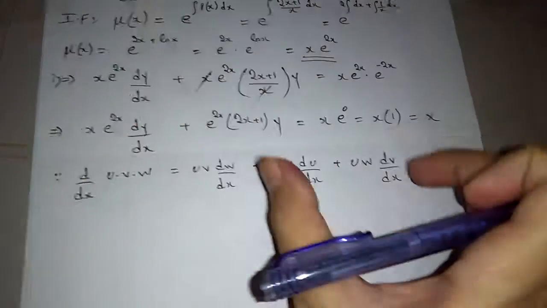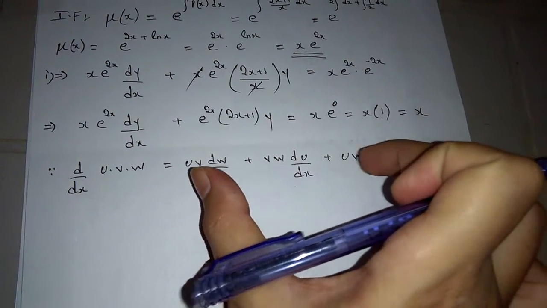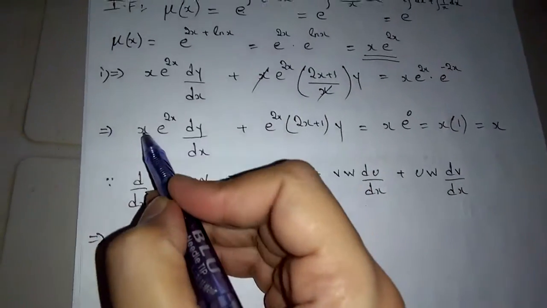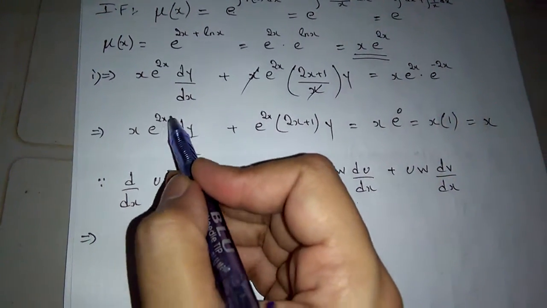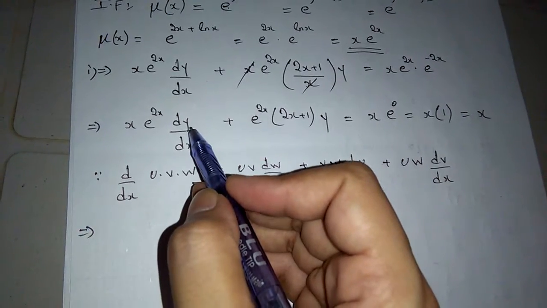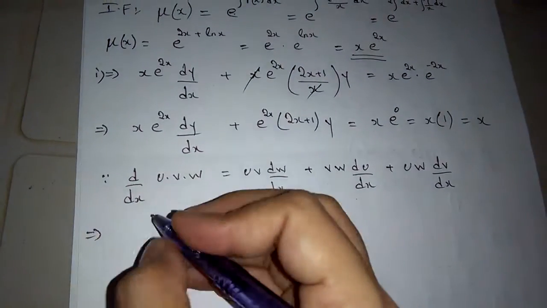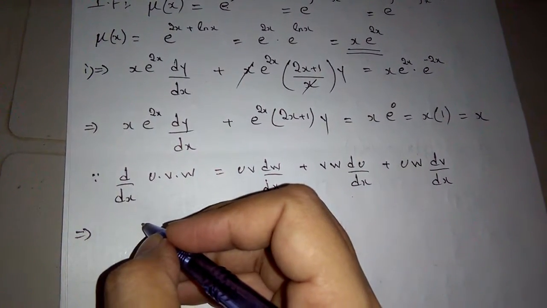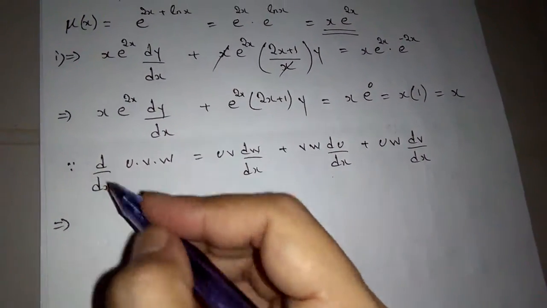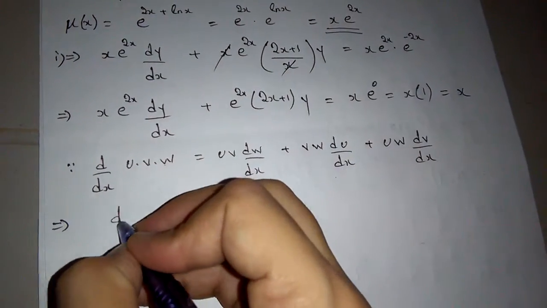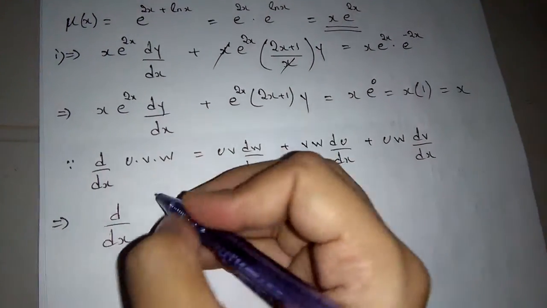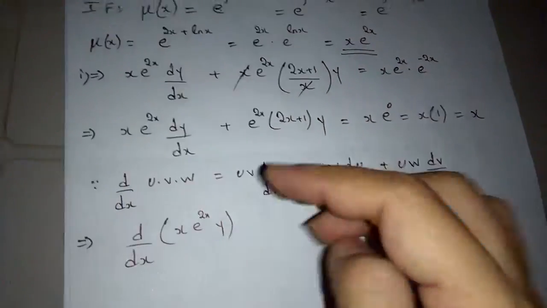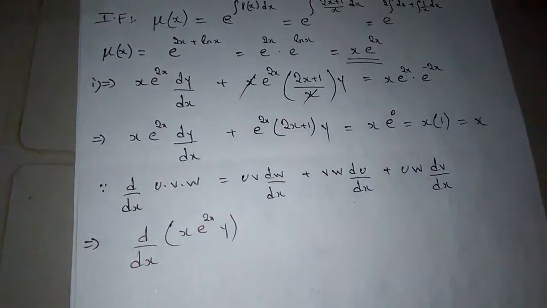This thing is expressed in this way, so we have to enclose it in this form. All right, so one function is x, another function is e power 2x, and another function is y here. So once we differentiate these three functions, then we are going to get this form. You can check it in rough if you want to.